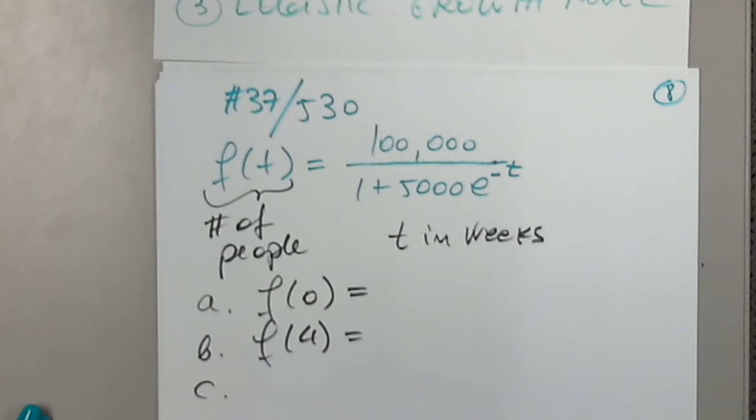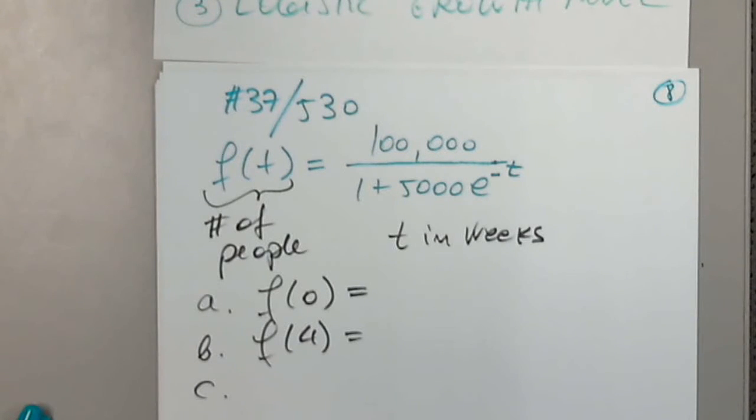So let's go to y equals 100,000 divided by, in parentheses, 1 plus 5,000 times e, in parentheses, negative x, close the parenthesis, and close the outside.